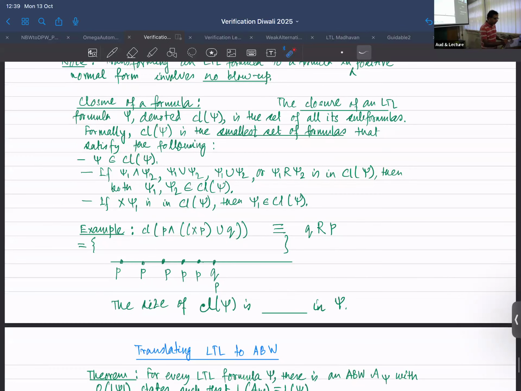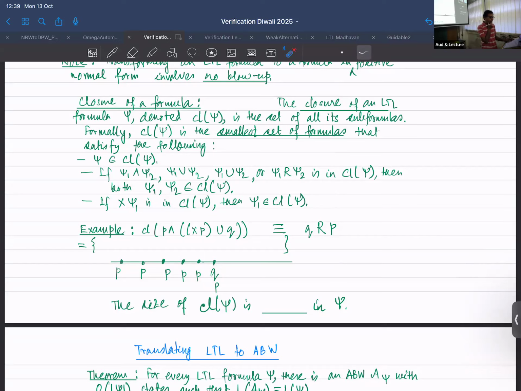It says that P continues to hold, and at every point you have next P until Q. So what is happening here? P is holding true, and every time there is a P, at the next position there has to be a P, and at some point you also want the Q to hold true.